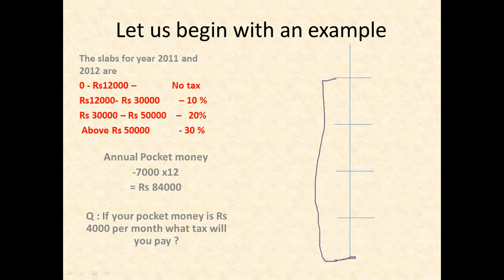If this is your income, all of it, this is 0 to 84,000.